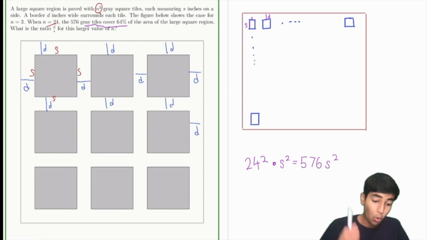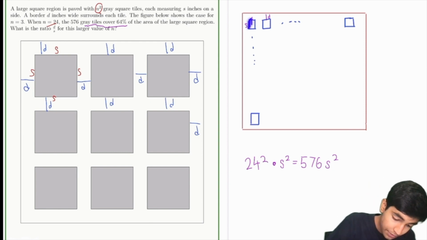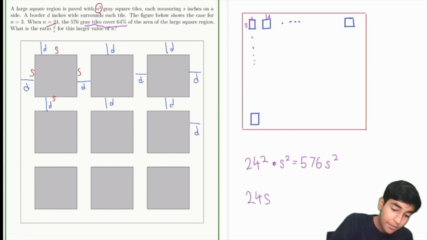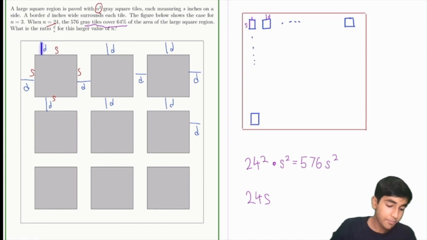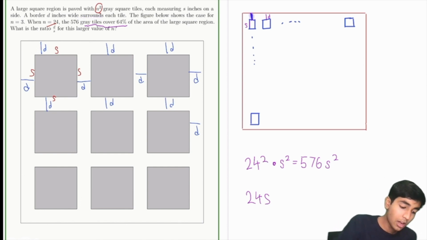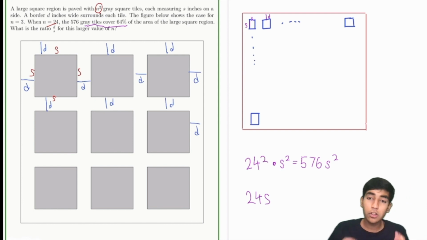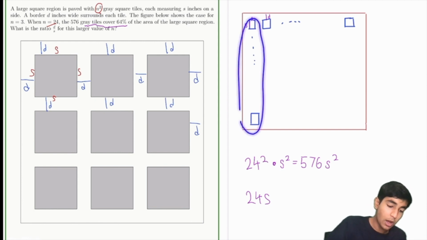This is a little bit more. We've got 24 of these. There's 24 tiles in the column, so there's 24 of these s regions, so 24s. But then how many of these d regions will we have, because d is the length of the border? How many of those borders will we have? Well, as we saw for the 3 case, the number of borders is just the number of tiles in the column plus 1.